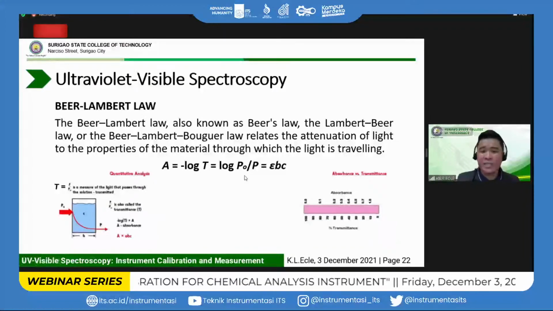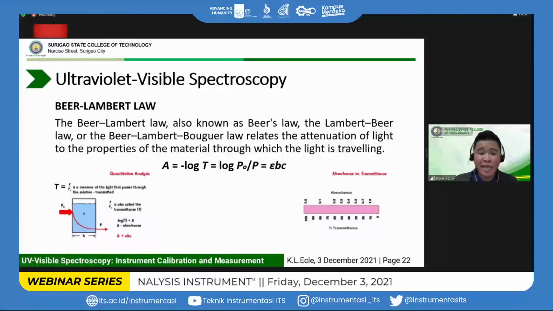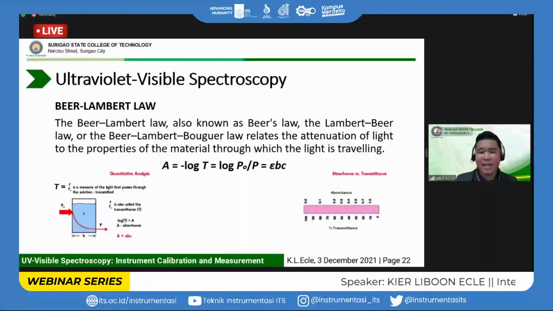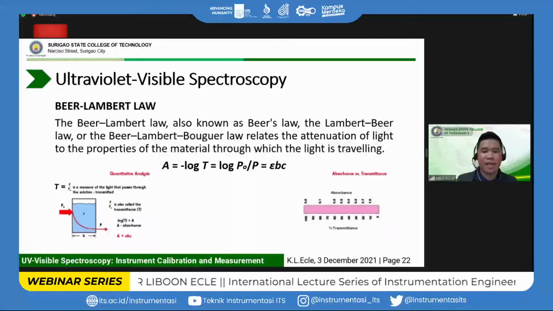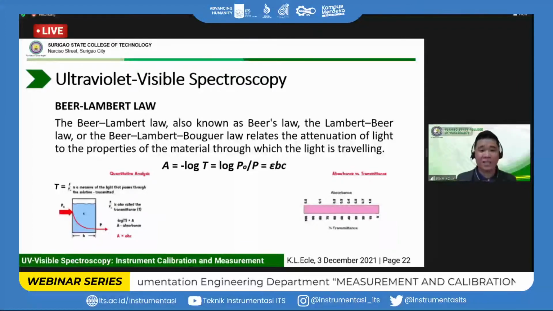Okay, so using the Beer-Lambert law, it could give us precise and clear data on the relationship between the absorbance and the spectrum that we could get from this instrument.